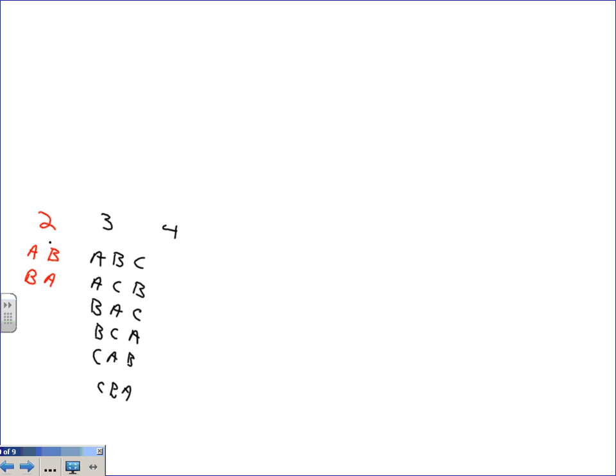If we have 6 distinct objects, all those boys are distinct objects, they're not the same boys, we can do this that many ways. This is read 6 factorial. That's the way we read that.